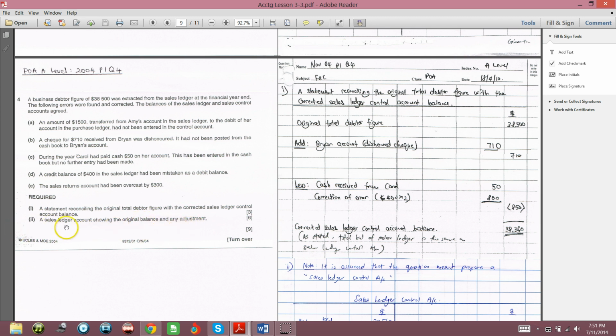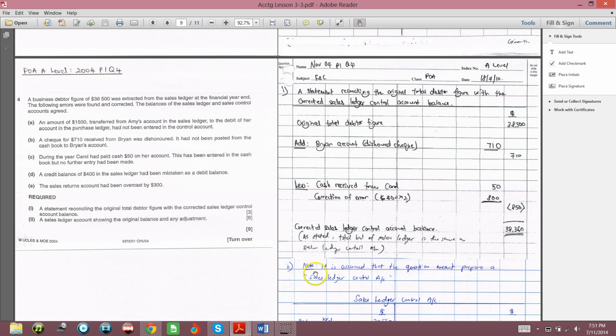If it means the total of all the individual sales ledger and any adjustment, then I can see that part 1 and part 2 is basically a repeated question. So I don't think that's what they meant. I clearly think that what the question really meant is prepare a sales ledger control account.